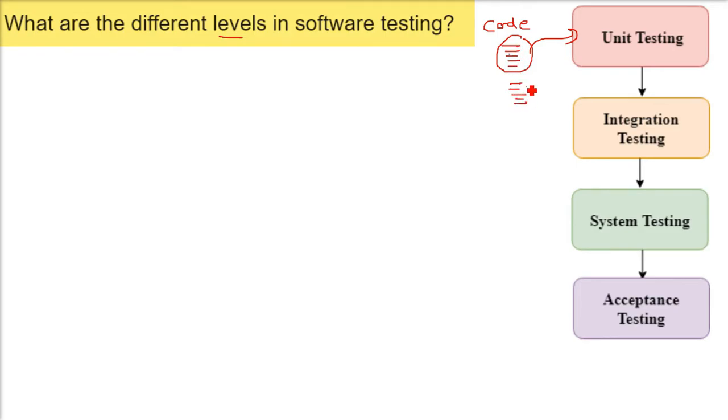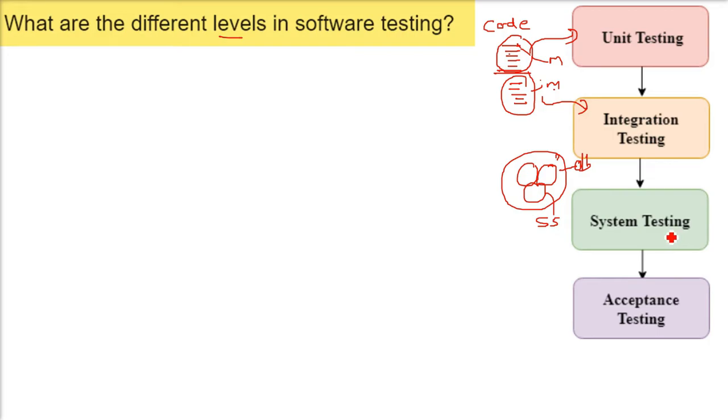Now, the next day you wrote one more function, or you can say 2 modules are made in a few days. Now you are combining them, and checking that combination is called integration testing. Now you have created all the modules, and the software is ready. Now it has to be checked with all the other systems which are working with your software system.